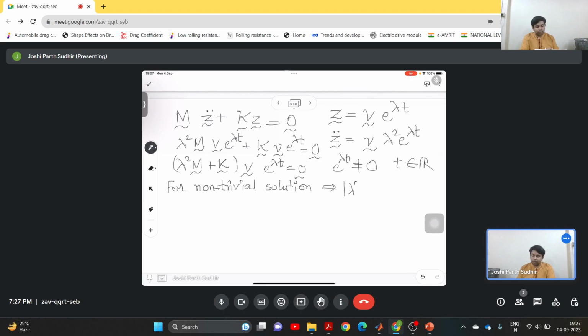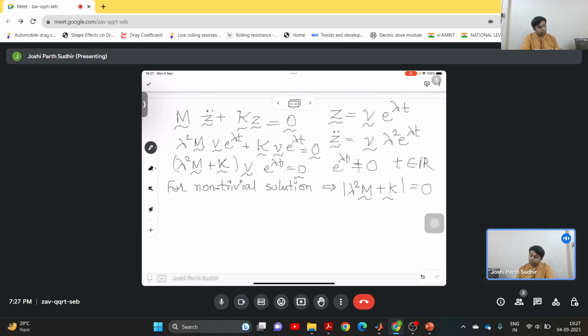For that, the determinant of the matrix lambda square M plus K should be equal to 0. To get the values of lambda for which this determinant is equal to 0, this will be our eigenvalue problem, or basically to find out the natural frequencies.